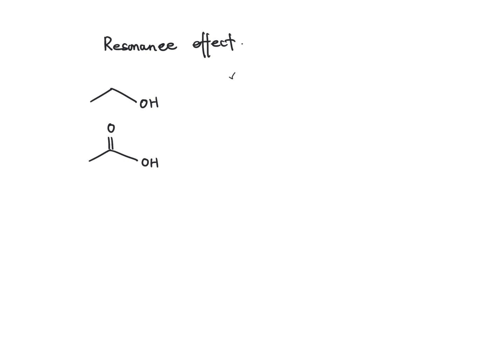Again, we are looking at the stability of the conjugate base. Let's get this proton lost. So if you deprotonate the ethanol, what you will have is this ethoxide. And if you deprotonate this proton, what you will have here is this negative charge on this oxygen as well.